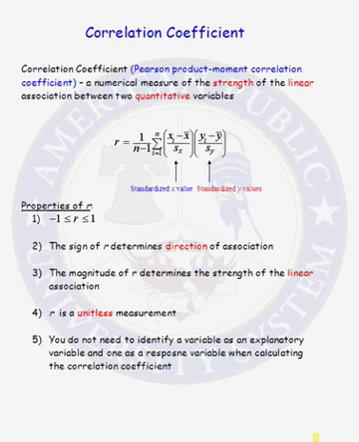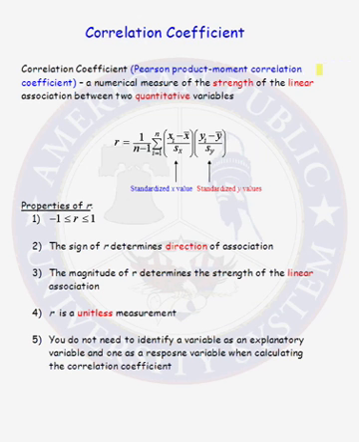The correlation coefficient is a numerical summary that gives the strength and the direction of the linear relationship between the two variables. So let's take a look at that. The correlation coefficient is also called the Pearson product moment correlation coefficient. That's a mouthful, so I'm just going to call it the correlation coefficient.